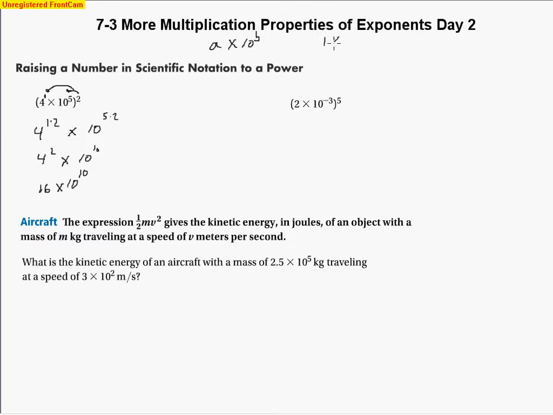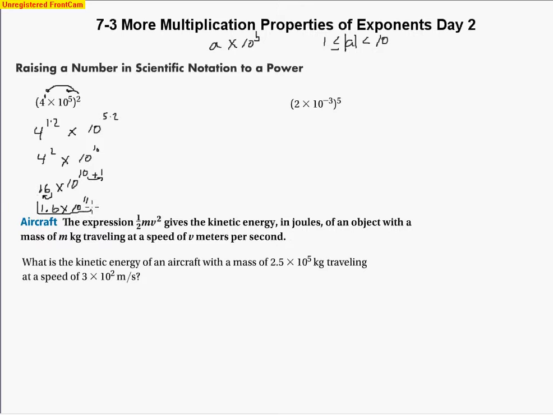The absolute value of a needs to be greater than or equal to 1, but less than 10. So when I move this decimal back 1 space, that means I made this one smaller by dividing it by 10. It means I need to add 1 extra exponent here to make it multiplied by 10. So it's 1.6 times 10 to the 11th power.